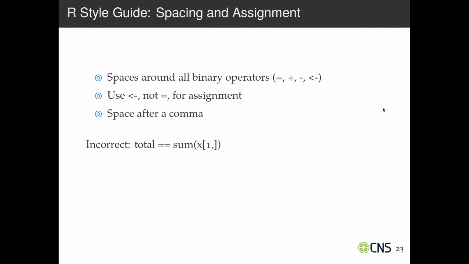Now let's look at similar conventions that some people agree on and some people think are optional, but they will not break your code. Again, there's a convention. For assignment, do you use the equal sign or do you use this arrow? Equal sign. It works, but people who look at your code with the equal sign are going to get mad. They say it's wrong, even though it works.